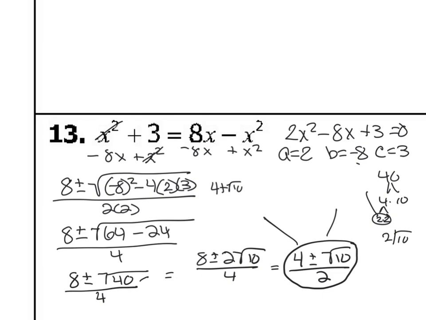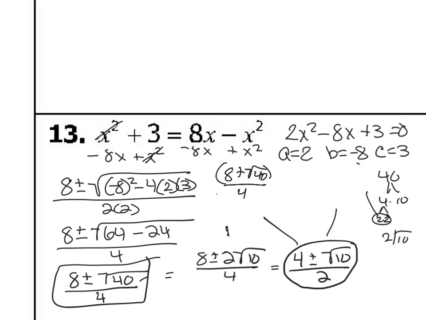Oops. You don't know that one yet, do you? Have to go back to your before. Okay, we'll go back to here. You can go to 8 plus square root of 40 in parentheses divided by 4, and 8 minus square root of 40 in parentheses divided by 4.